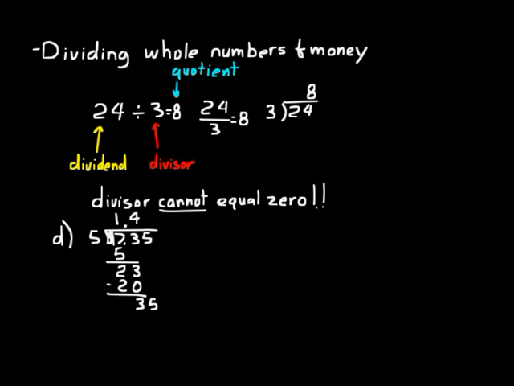Bring down the 5. 5 can go into 35 7 times. And so we're done then, because 5 times 7 is 35, and we'd have a result of 0 there. And so our answer, let me just write it over here, $1.47.